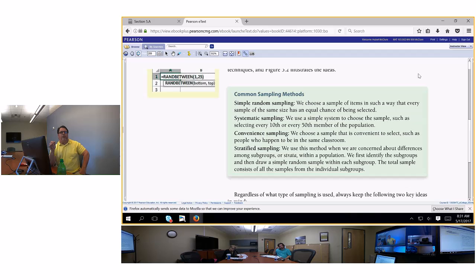The key word with a random sample is that everybody has the same what? Equal chance of being picked. That's the secret to a random sample. If you're ever asked about a random sample on a test, always remember equal chance.